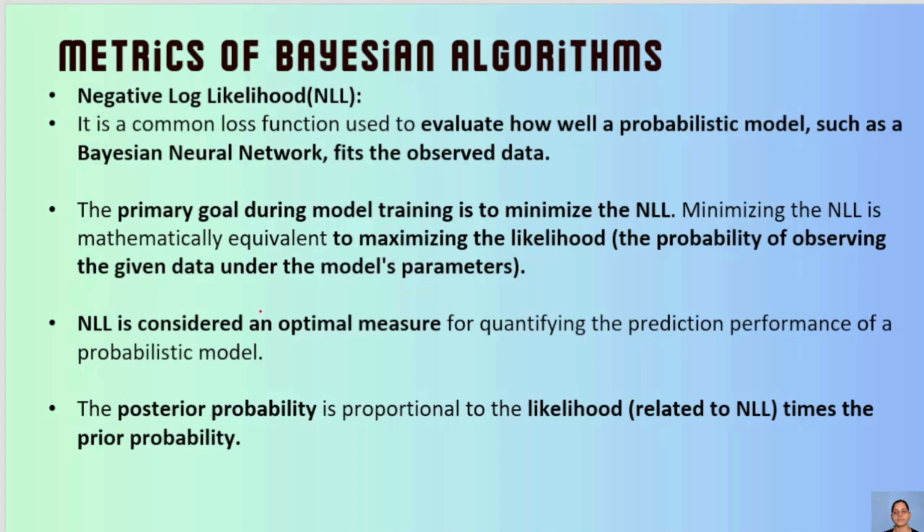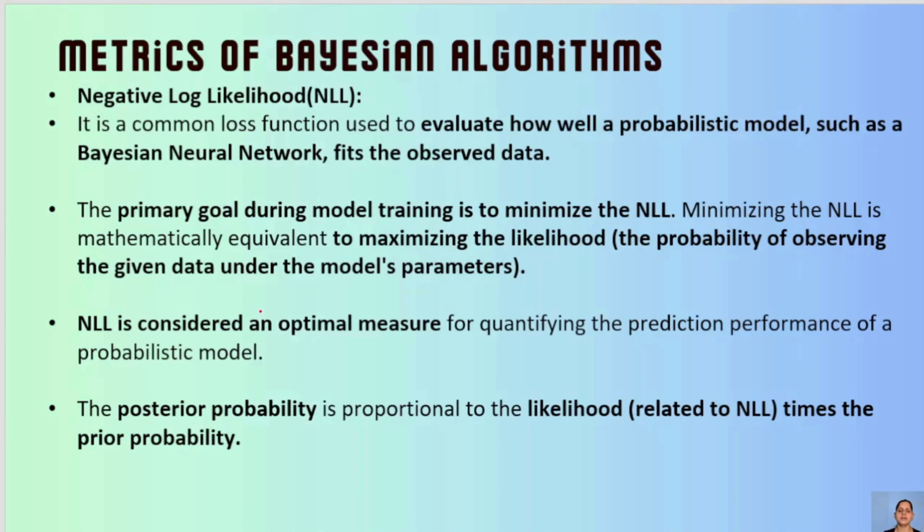With this approach, what we are going to observe is that when the NLL is less, the likelihood will be more. Likelihood means the probability of observing the data given the model's parameters.